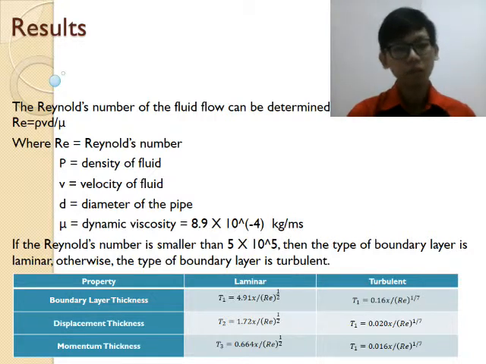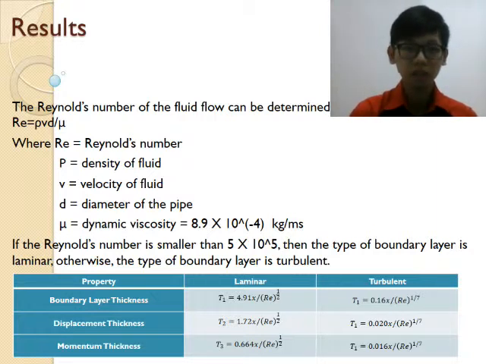If the Reynolds number is smaller than 5 times 10 to the power of 5, then the type of boundary layer is laminar. Otherwise, the type of boundary layer is turbulent. The table below shows the formulas for laminar and turbulent types of boundary layer thickness, displacement thickness, as well as momentum thickness.